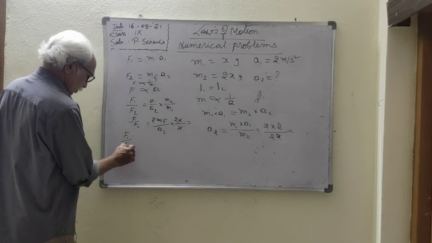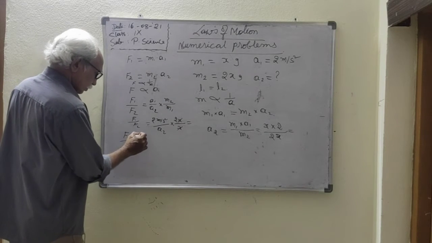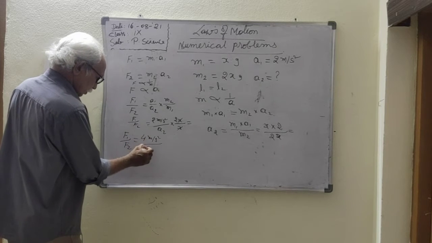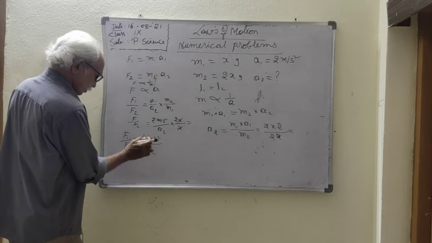F1 by F2 is equal to 4 meters per second square by 8.